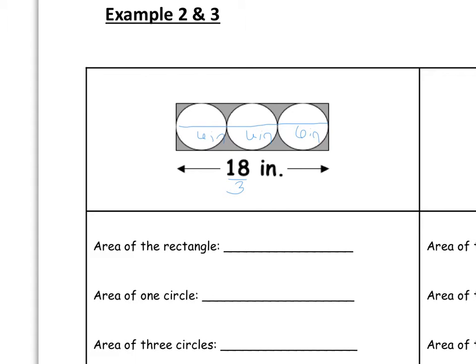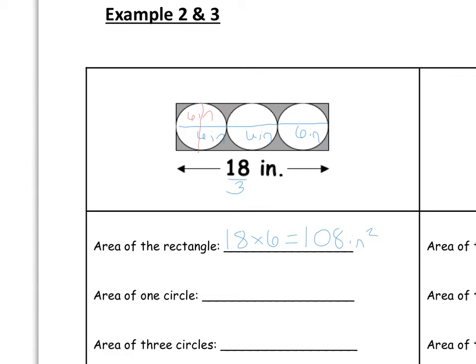Now, if the circles are 6 inches from left to right, the circles will also be 6 inches from top to bottom. And this is why, to do area of the rectangle, you would say 18 times 6 and get 108 inches squared.